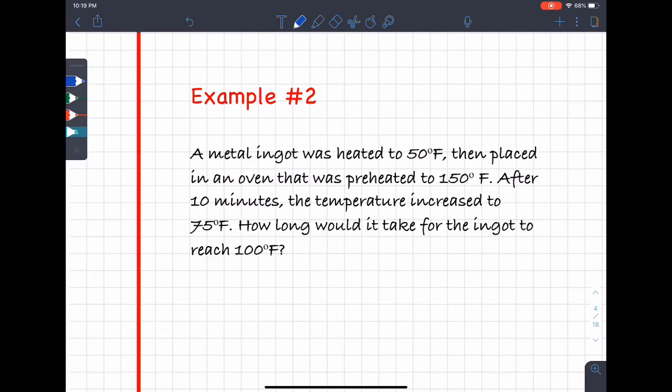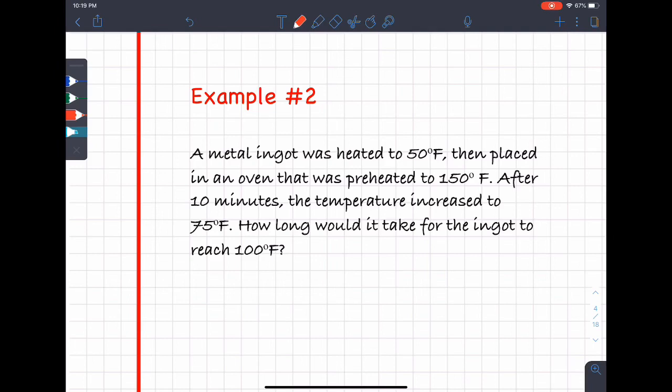We have to identify again what is our object and what is our environment. As you can see here, we are talking about the metal ingot. What is this one? This would be the scrap metal that was molten into a certain sheet, probably a metal sheet, that would be used for another material.